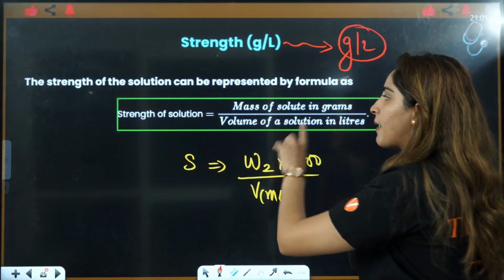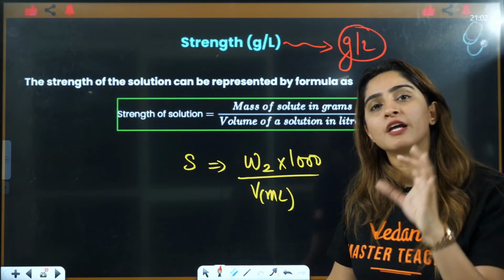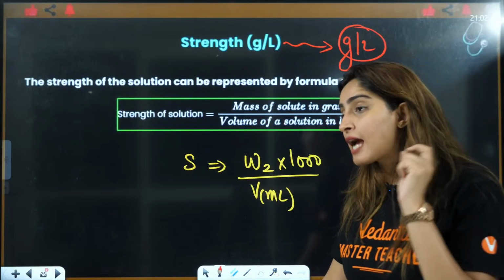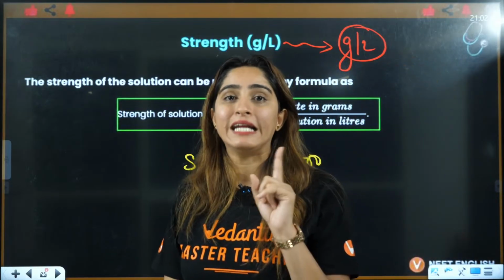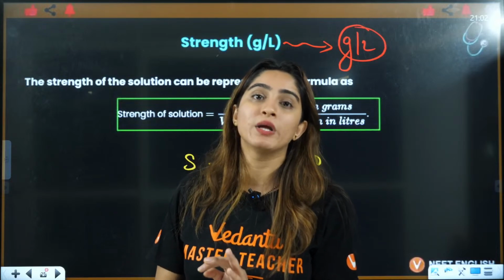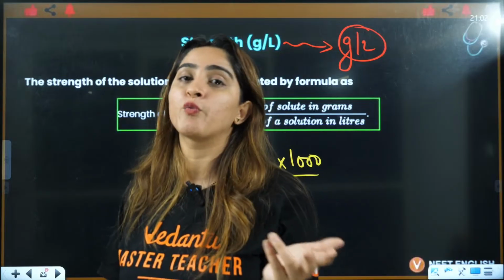Reason, mass by volume. So whenever they have given you the concentration of the solution, find the concentration of the solution. These kinds of questions they have not asked in NEET yet, but there is a very high probability that they can ask you in NEET 2026. Reason, because they have asked similar kinds of questions in JEE.